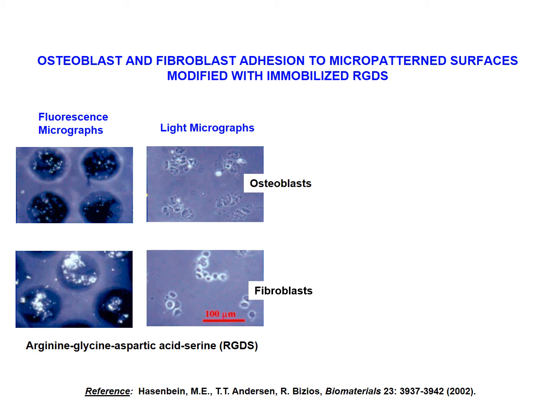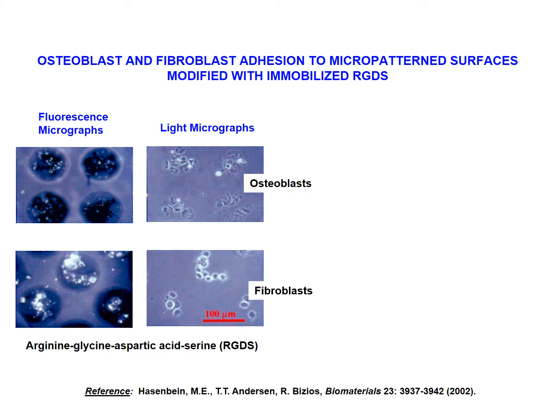You can see on the light micrograph with the fibroblasts that cells have adhered on the interior part of the circles. The colony formation, of course, looks totally different.